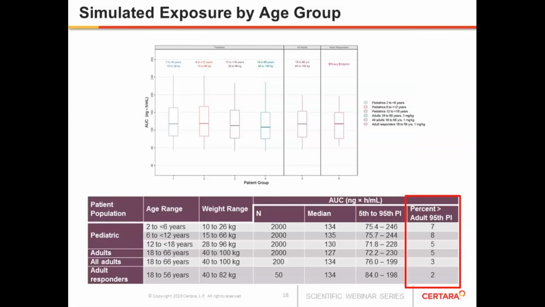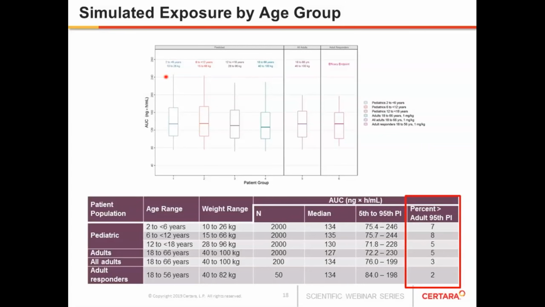After comparing median exposure, we are now looking at the distribution of simulated exposure according to the selected dosing regimen in each age group. As you can notice, in each age group, there is an overlap of the weight between the different age groups.